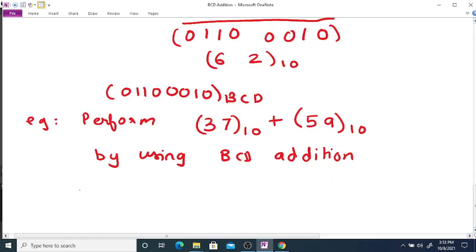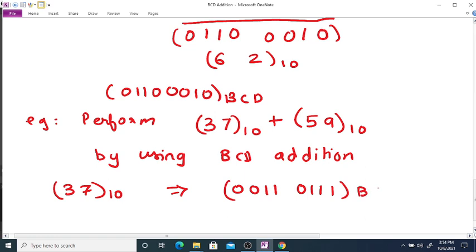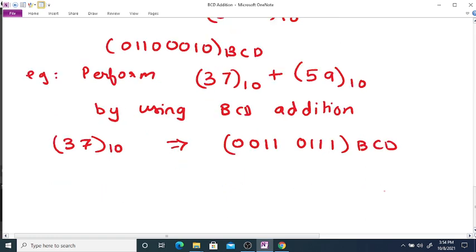First we will write down the BCD value for the given decimal numbers. 37 will be 0011 and 7 will be 0111. So this is our BCD representation for 37. Next we have 59, which is represented as 0101 1001.